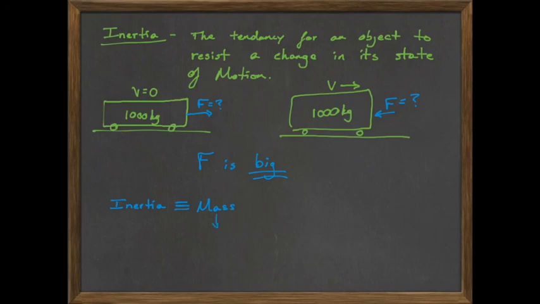Okay, you could think about it as mass is the number or quantitative way of describing an object's inertia. Okay, so the more mass an object has, the more inertia it has. So that's kind of the easy way to do that.